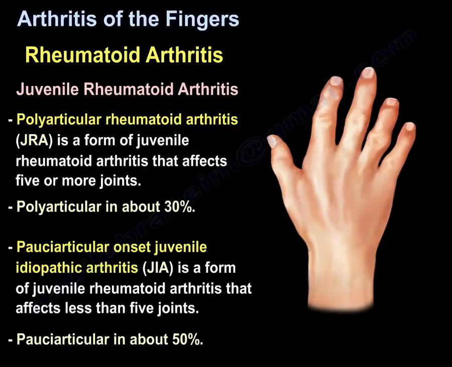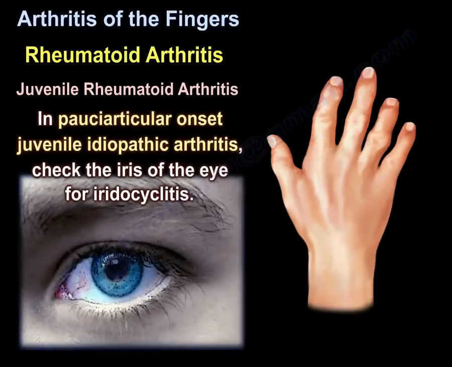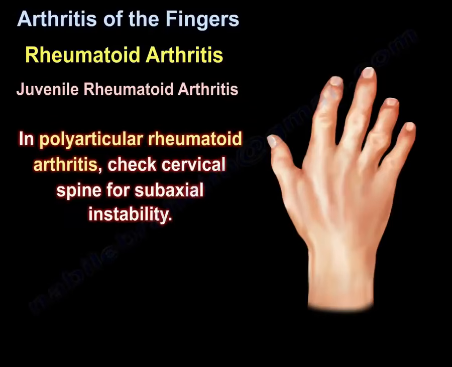It occurs in about 50%. In the pauciarticular onset juvenile idiopathic arthritis, check the iris of the eye for iridocyclitis. In the polyarticular rheumatoid arthritis, check the cervical spine for subaxial instability.